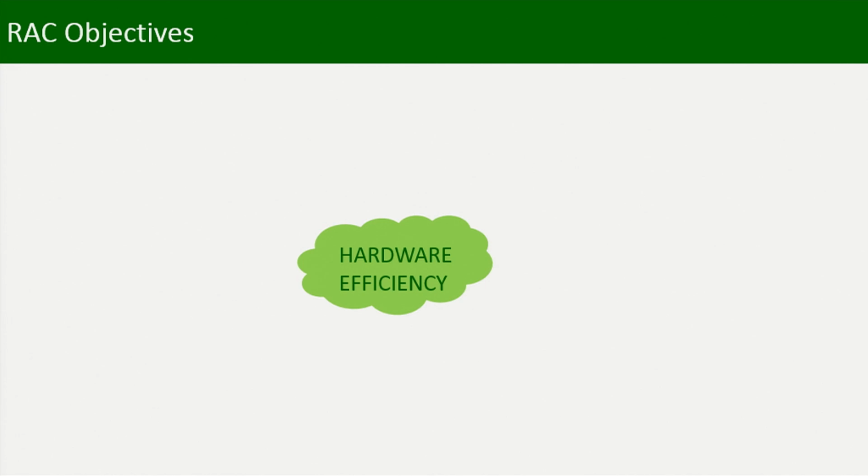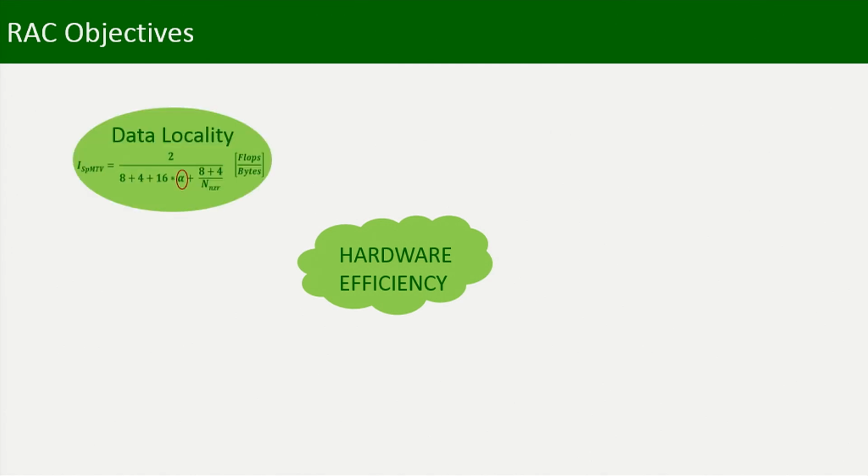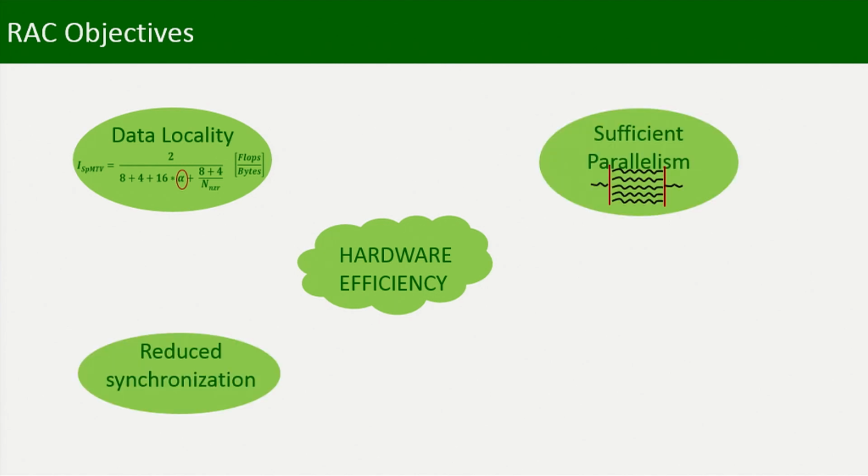The main objective we have here is to have good hardware efficiency. And in order to do that, we now understand that it is important to have a lower alpha factor by preserving good data locality. Along with that, we have to try to reduce synchronization costs and at the same time have sufficient parallelism to support the hardware underneath.